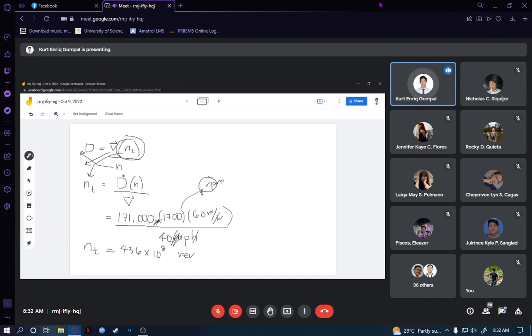Then substitution of values with respect to your units. D is then your 171,000. Your N is 1,700 multiplied by your unit, which is 60 minutes per hour to eliminate R. And then your V now is your 40 miles per hour.